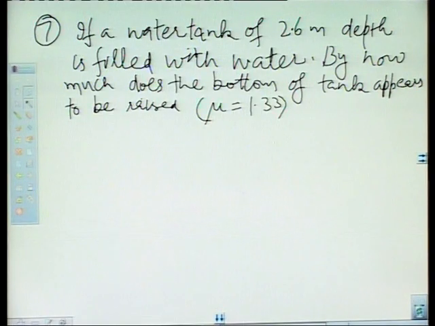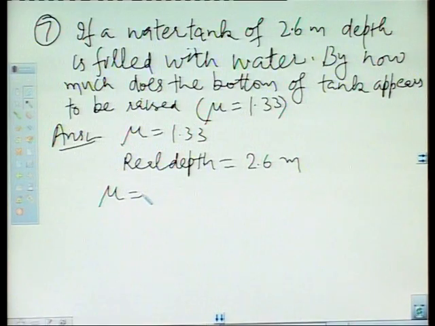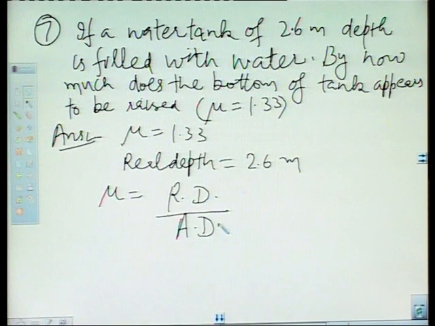So in this question, the refractive index is equal to 1.33. Real depth is 2.6 meter. Now we know that mu is equal to real depth upon apparent depth. We have to find the apparent depth.